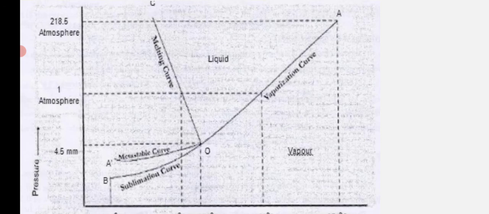These areas have water phase, solid phase and vapor phase respectively. In all these areas, phase equals 1, component 1. Applying the phase rule equation F equals C minus P plus 2, the degree of freedom equals 2. At any point in this area, both temperature and pressure can be varied independently, so this system is bivariant.